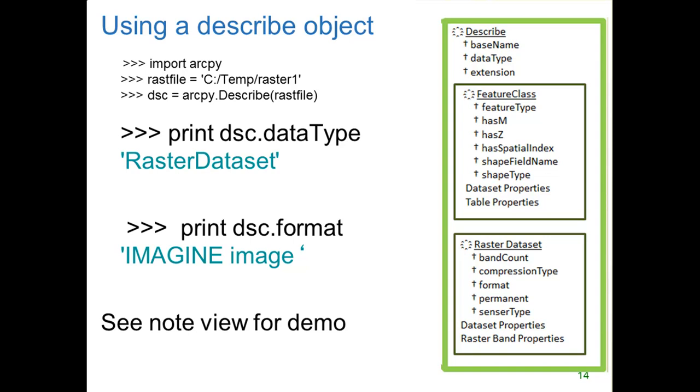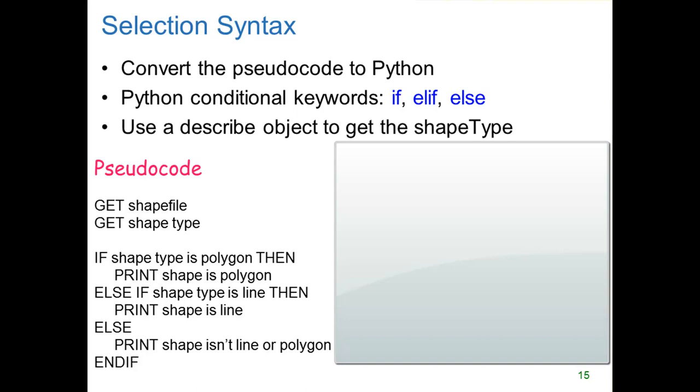So that's where our conditional statements come in, because we can say, if the data type is raster dataset, then we can check the format. If the data type is feature class, then we can check the shape type. Suppose, for example, that you want to do what's on the left side in pseudocode.